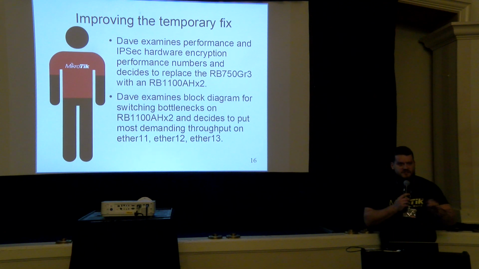So now Dave is getting smarter. He examines performance tables, IPsec acceleration tables, also the diagram, and he decides that he will replace 750G with 1100AHx2, the old one. So he also examines the block diagram, switching bottlenecks, and decides that the best ports to use on this device are 11, 12, and 13.